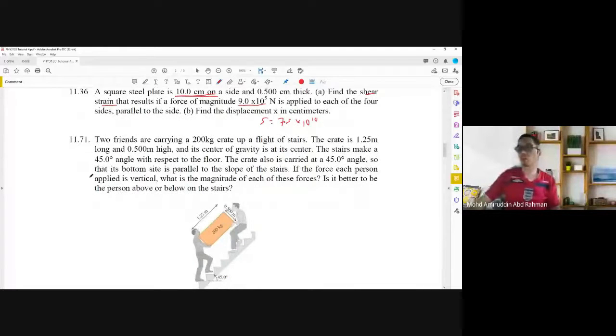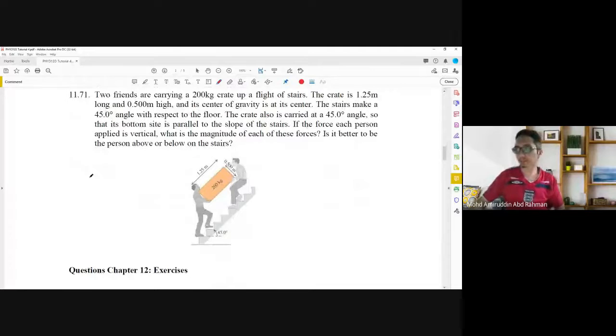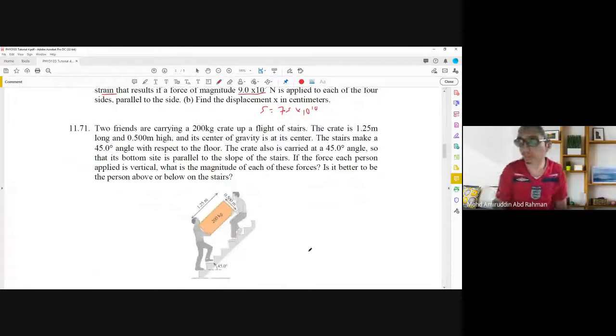Okay, so for 11.71, how to solve this? When it's related to force, the total force equals MA.